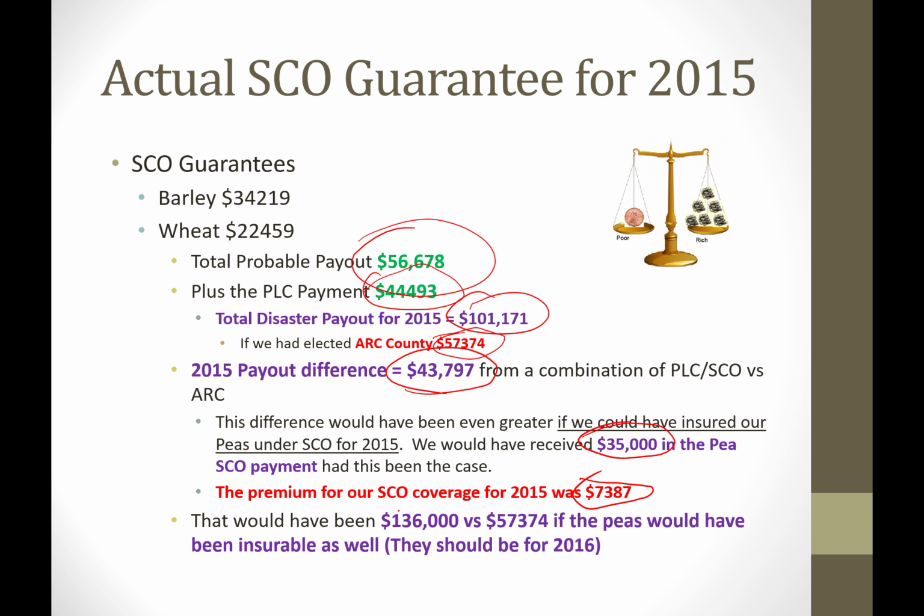So going forward, had we been able to insure everything on SEO plus get our PLC trigger, the difference between being in PLC SEO combination versus being in ARC, with a total payout on ARC, was $136,000 versus $57,000. So we're looking at about an $80,000 difference for about $10,000 premium had we added the Ps also into the SEO there.